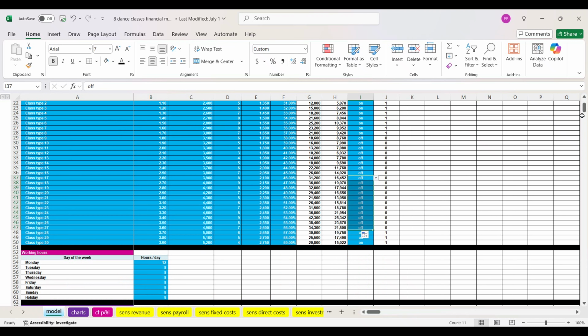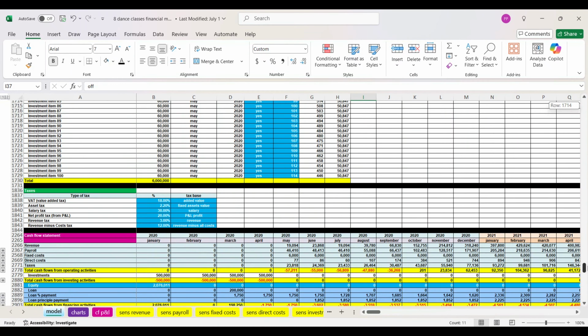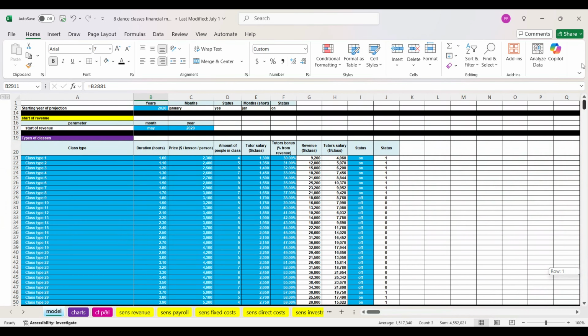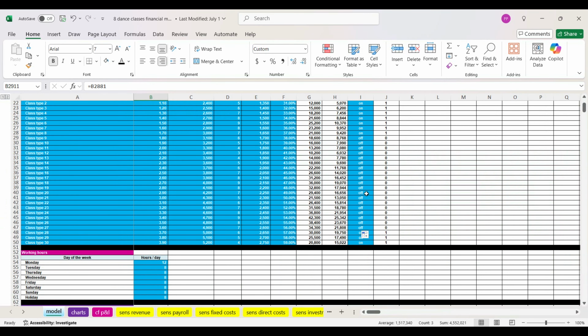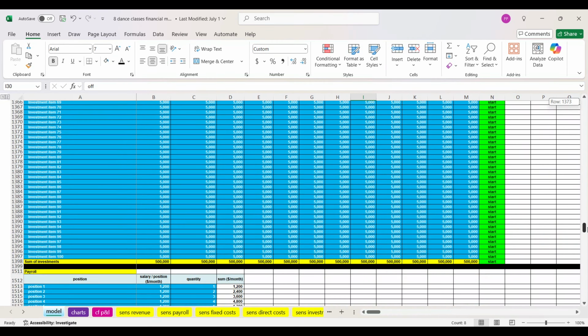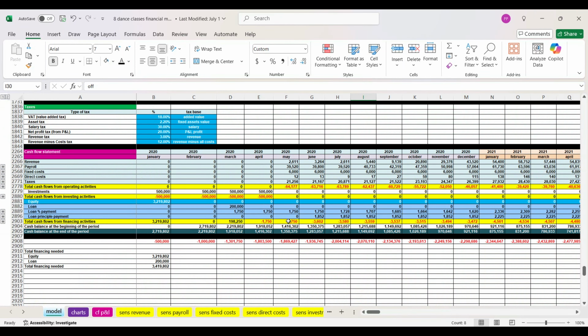Now you can switch more products off. You can go back. So you can easily play with your business idea, creating lots and lots of assumptions, and see how much financing you will need in every scenario very quickly.